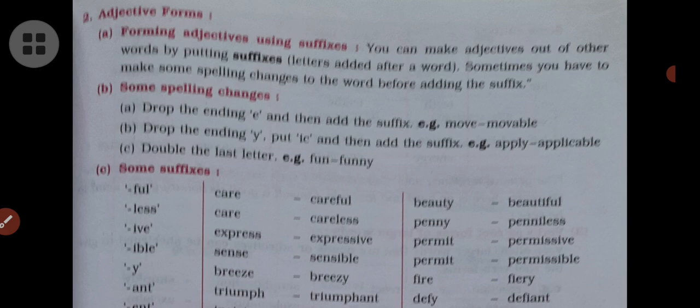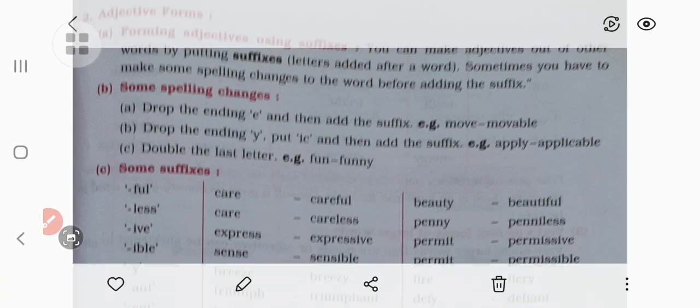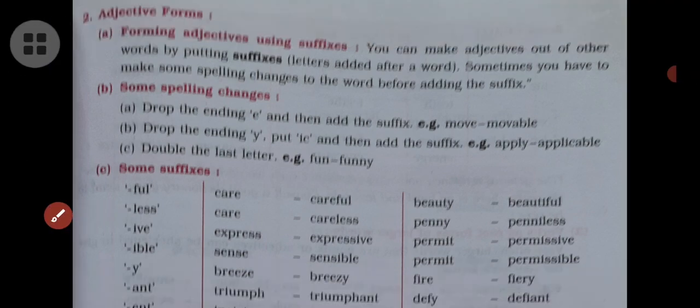As we have already started a topic based on vocabulary, particularly word formation. In yesterday's video, we studied how to form nouns by considering some of the suffixes, and we also tried to understand how new words can be formed by derivations, right?